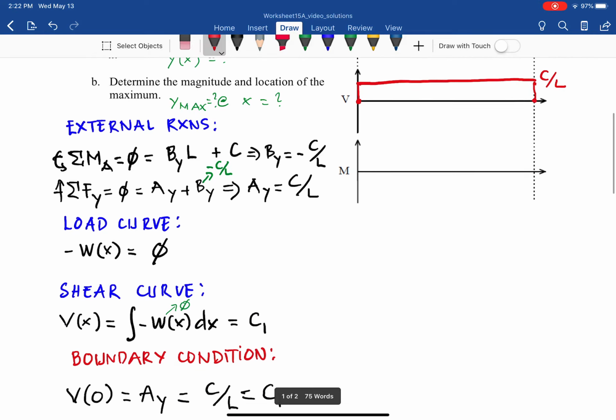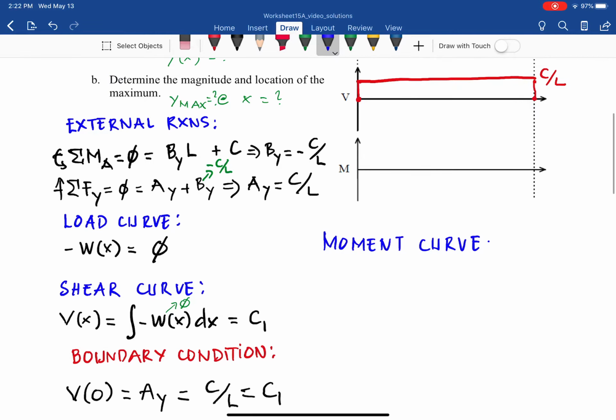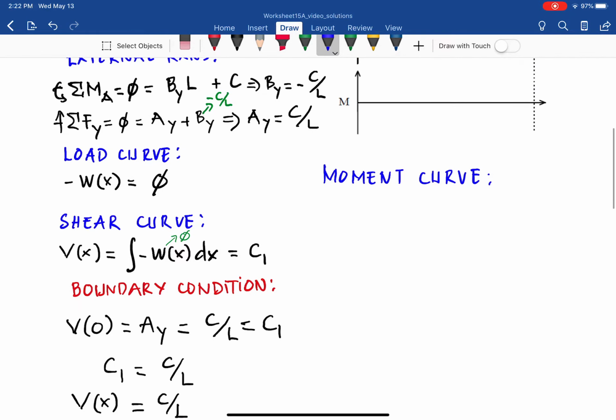And now we go to the moment curve. What can we find out for the moment curve? The area under the shear curve equals the change in moment.